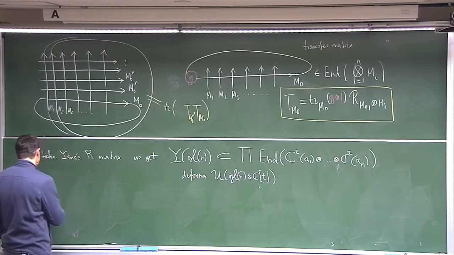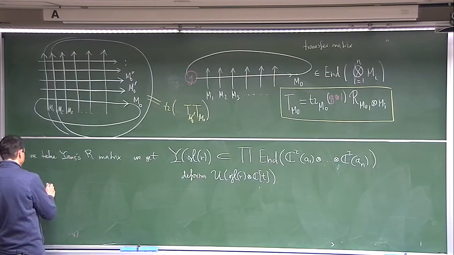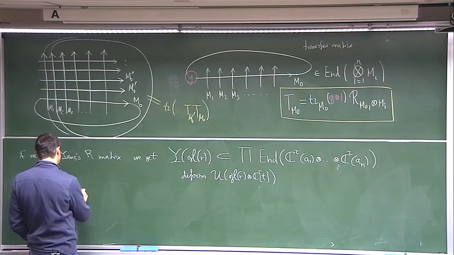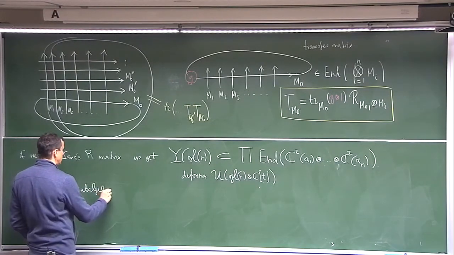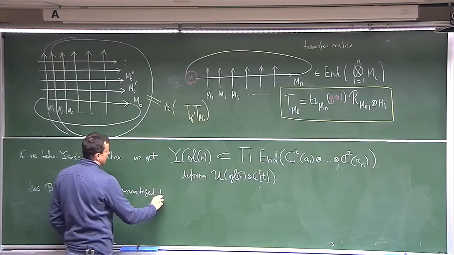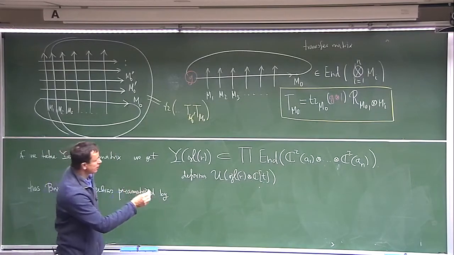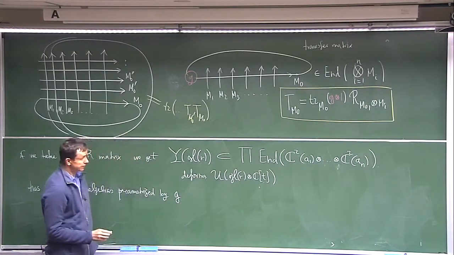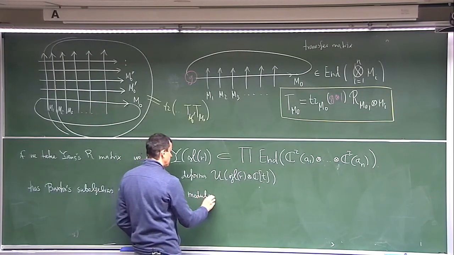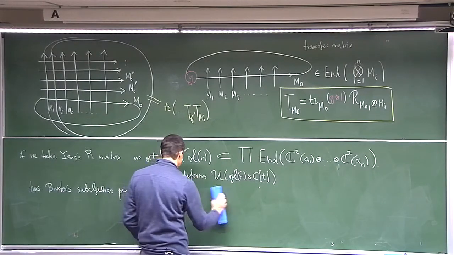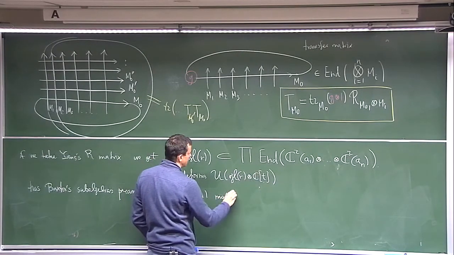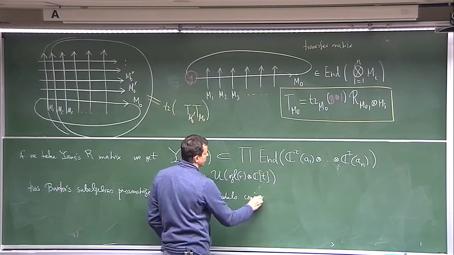And then this has Baxter subalgebras parameterized by G, and the really different ones are modulo conjugation of G in GLN, modulo conjugation in the center.